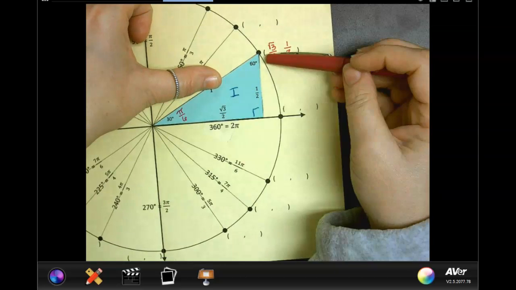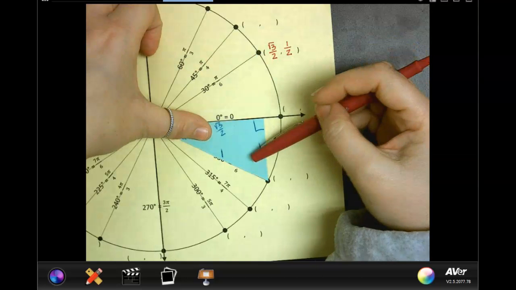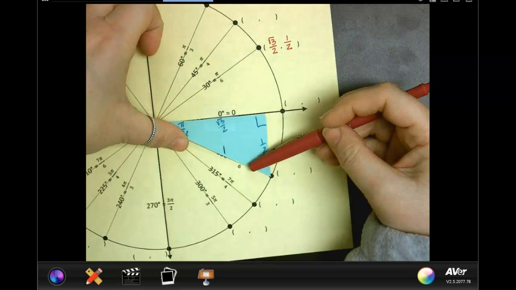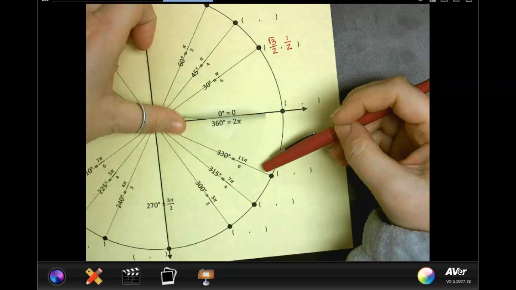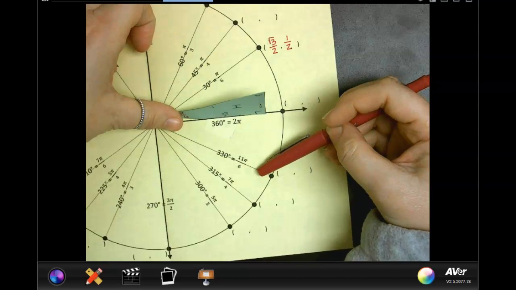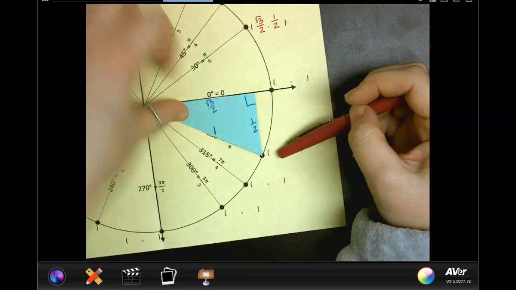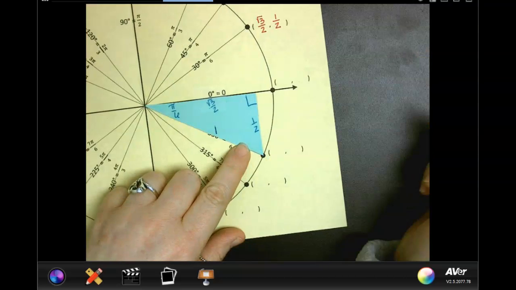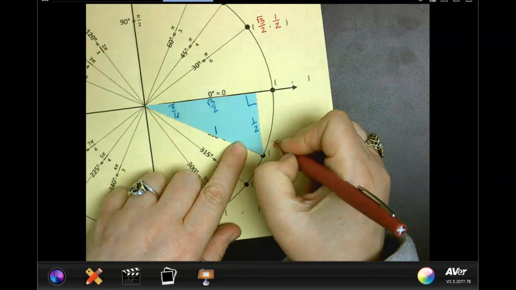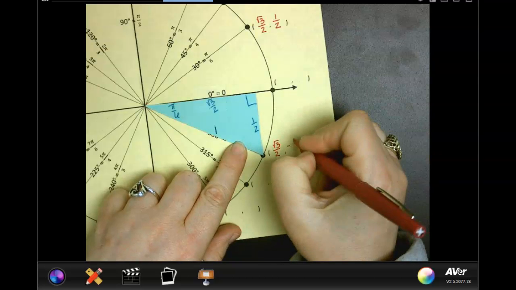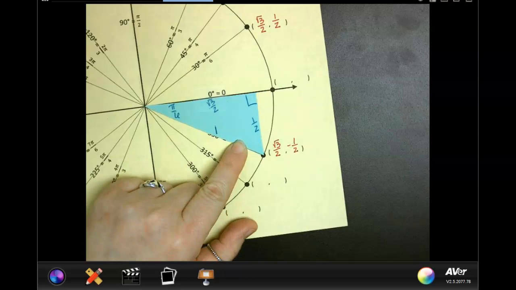Now, when you reflect this down, do you see how you're actually on the angle that's 11 pi over 6? What is the reference angle for 11 pi over 6? Pi over 6, right? Now what is the ordered pair for this point right here? Square root of 3 over 2 and negative 1/2. This is why the reference angles are so important.